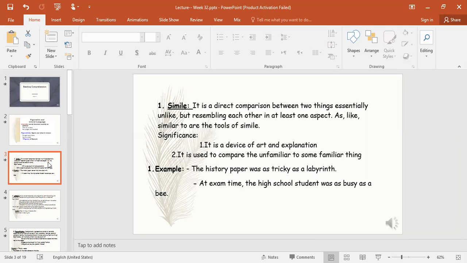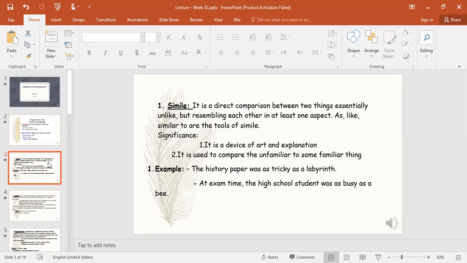Okay. Now let's move to the first kind of figures of speech. The first kind of figures of speech is called a simile. This is the way we read the word. It's not simile, it's simile. Okay? This is the first kind.